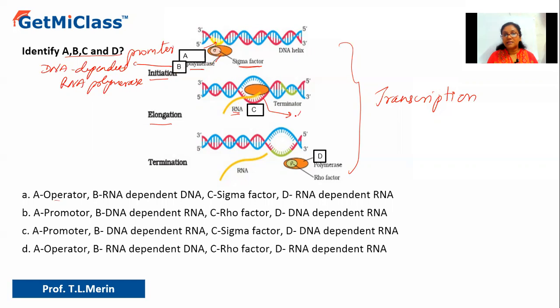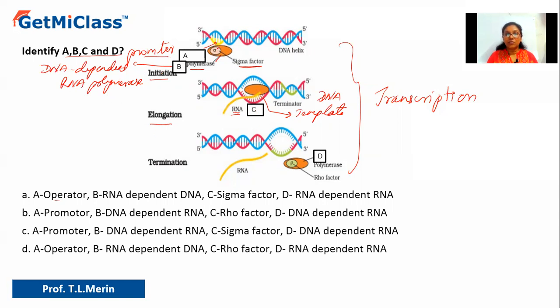The DNA acts as a template, right? Based on the sequence on the DNA only, RNA will be synthesized, because RNA will be complementary to the template strand. So that is why this polymerase is DNA dependent RNA polymerase. So A and B we have done. A is promoter, B is DNA dependent RNA polymerase.